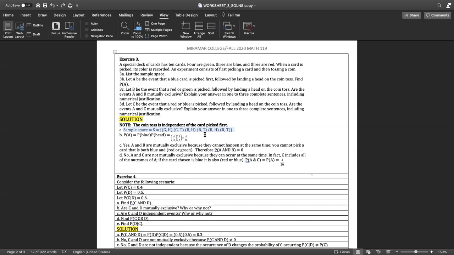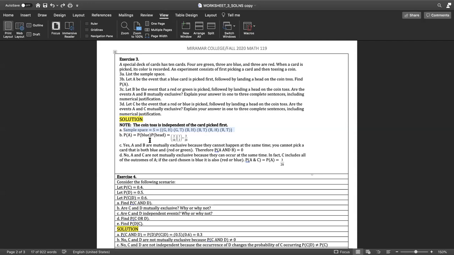Now, another thing to notice here, after you've picked your card, does it in any way affect the probability of heads or tails? Suppose you drew a blue card first. Now you toss the coin. Does the probability of the coin toss have any effect or show any effect from the fact that you saw a blue card being selected in the first part of the experiment?